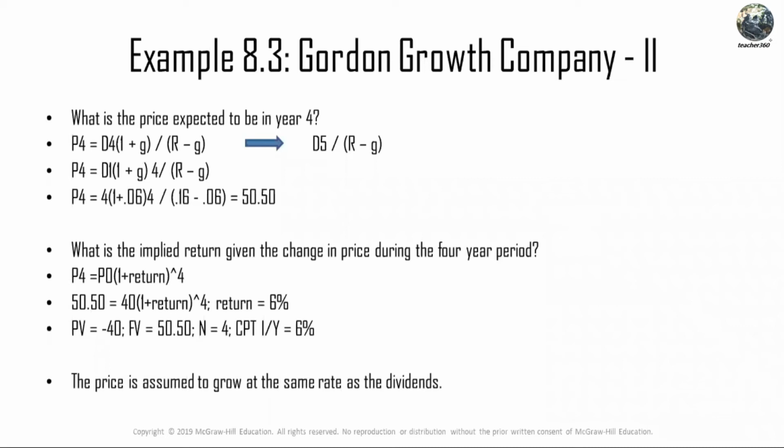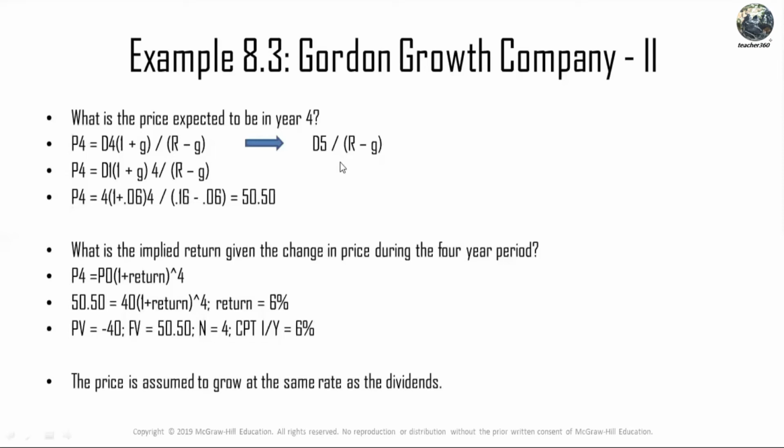Another example from Gordon Growth Company. What is the price expected to be in year 4? Following the previous example, here it is asked what the price is expected to be in year 4. So P4 is D4 (1 plus G) by R minus G. So the price in year 4 is the dividend in year 5 divided by return minus growth.